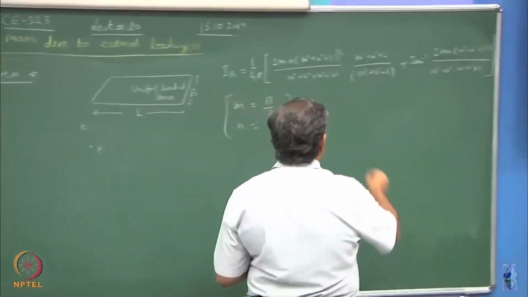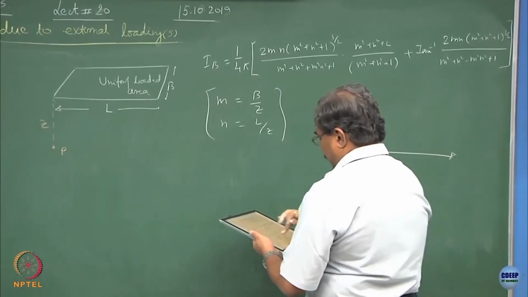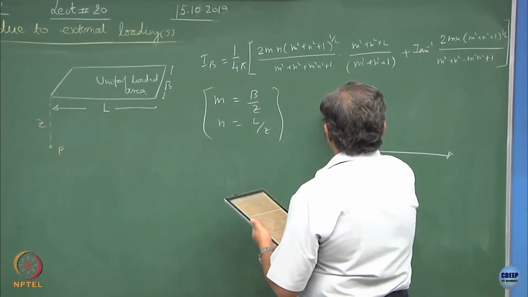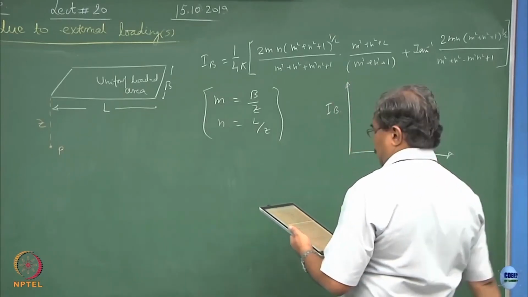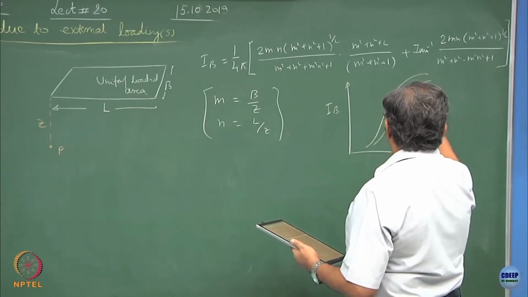Conceptually, these are nothing but graphs which look like this, the Fadam's chart. This is the influence factor IB, this is M, and this is how N varies.